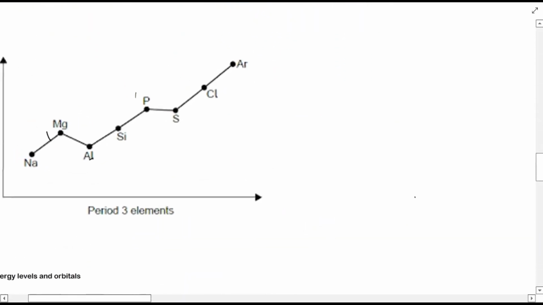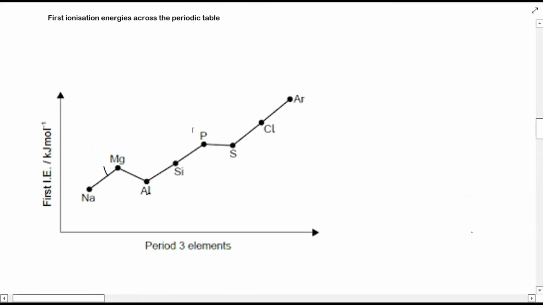Instead of looking at the successive ionization energies, we can also look at the first ionization energy for each element within a period. So this is period 3 elements. You've got sodium, magnesium, aluminium, silicon, phosphorus, sulfur, chlorine, and argon.